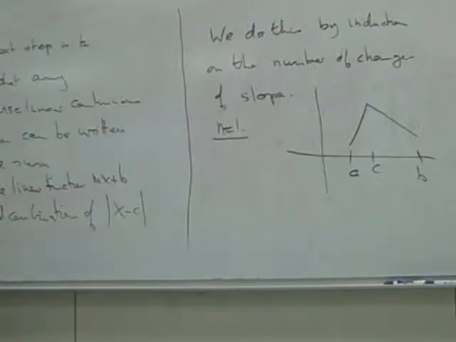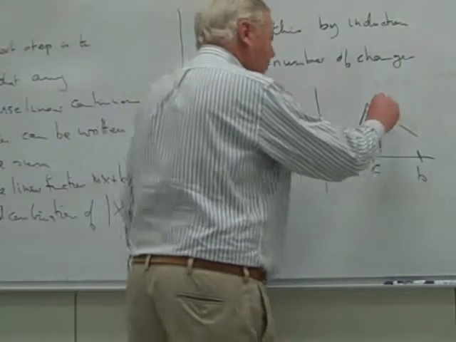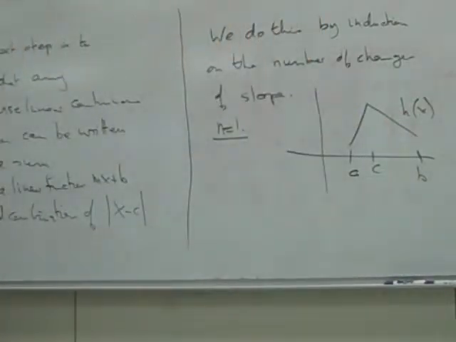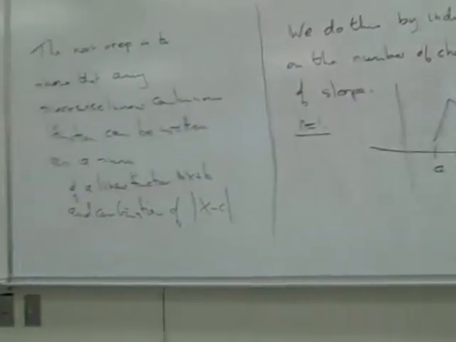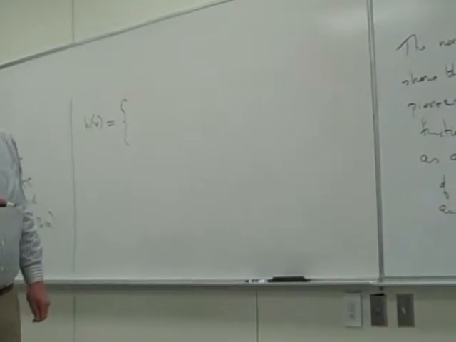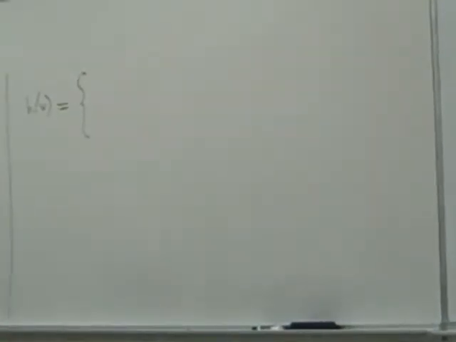And let's give this function a name. This is h of x. And so we can write h of x in the following way. To the left of c, it has a certain slope.